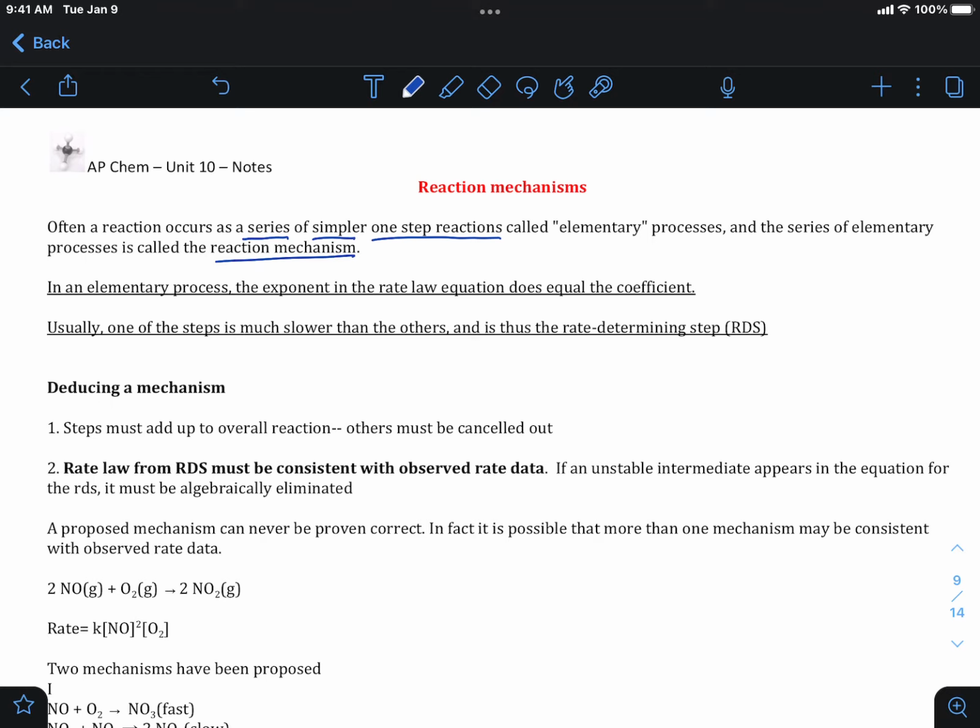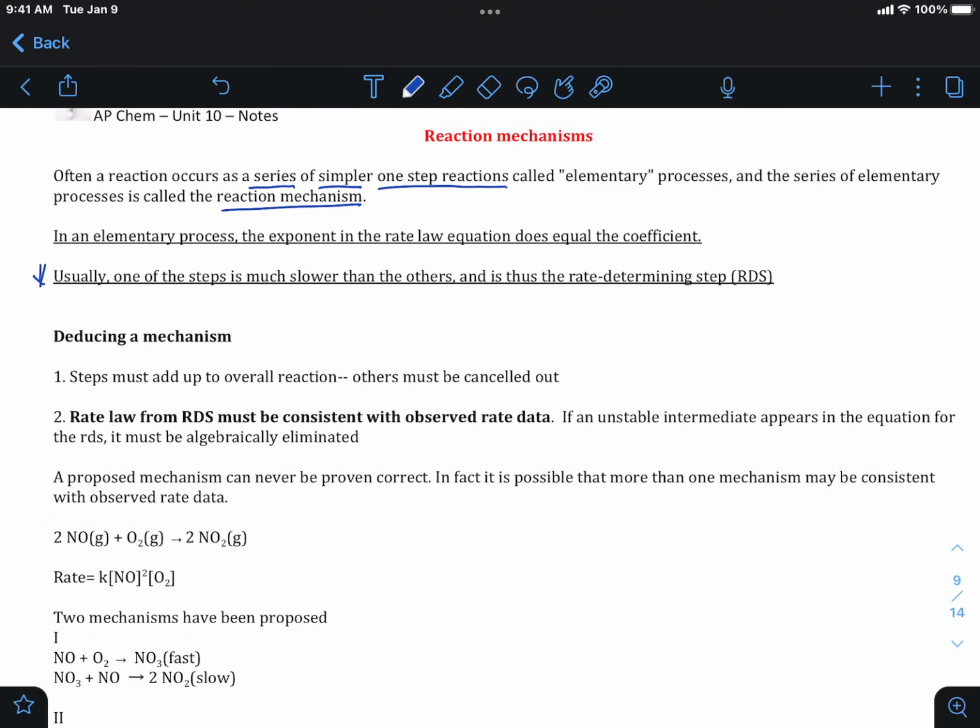Now, in any reaction mechanism, one of the steps is much slower than the others, and that's called the rate determining step. The slow step in any series of steps is the one that determines the overall speed of a reaction. Okay?